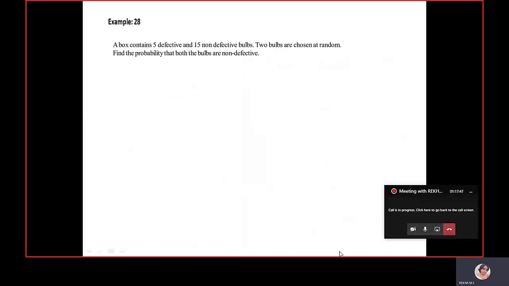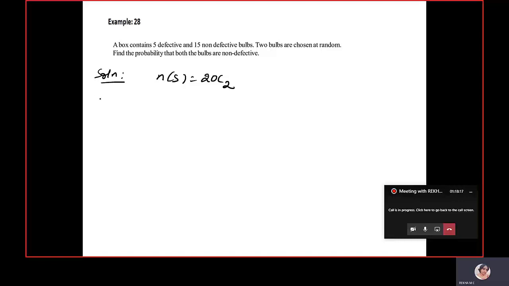So next sum. A box contains 5 defective and 15 non-defective bulbs. 2 bulbs are chosen at random. Find the probability that both the bulbs are non-defective. Solution. So n of S is equal to 20C2. So total 20 bulbs, out of 20, 2 bulbs are chosen.